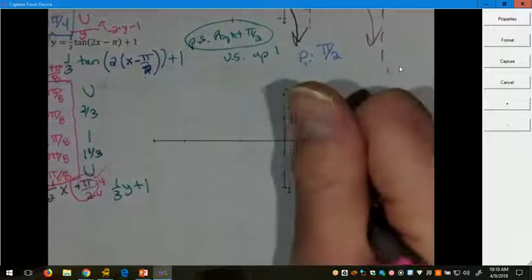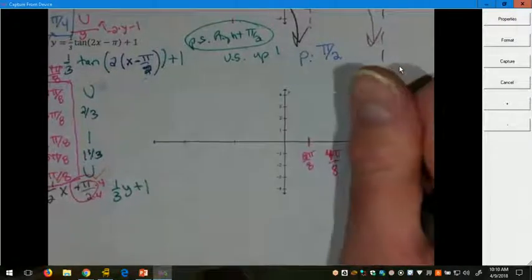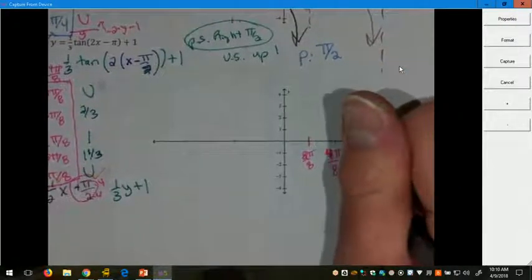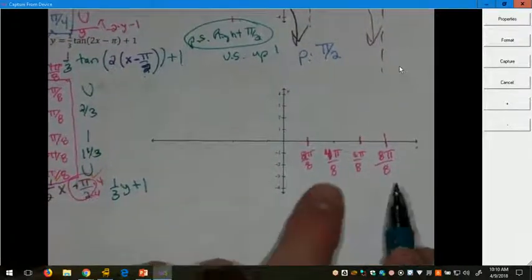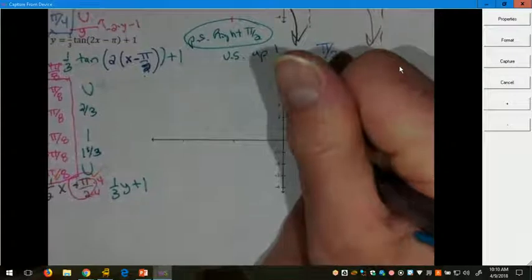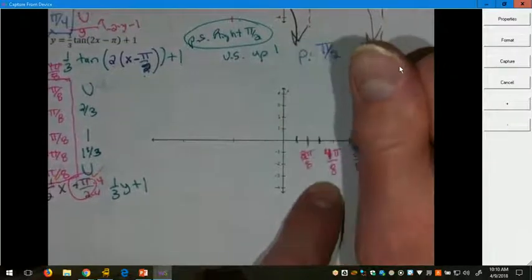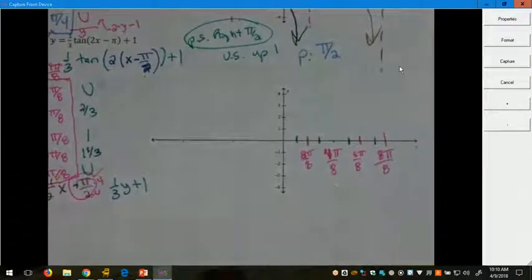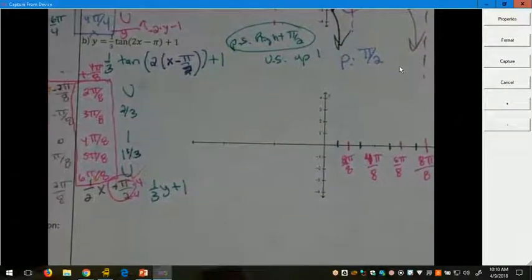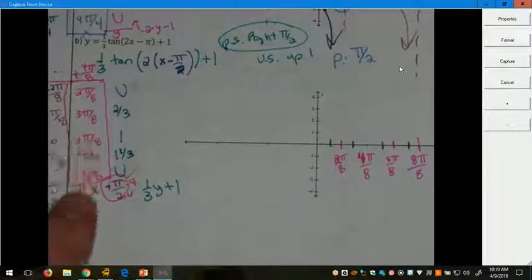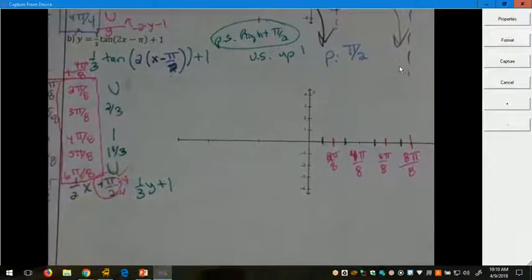That would make this 2, and halfway between. Got it, evenly spaced. 4 pi over 8, 8 pi over 8. I'm going to put in the single units as well, just because it makes it easier for me when I go to plot. So this will get me my function graphing these x coordinates and these y coordinates.